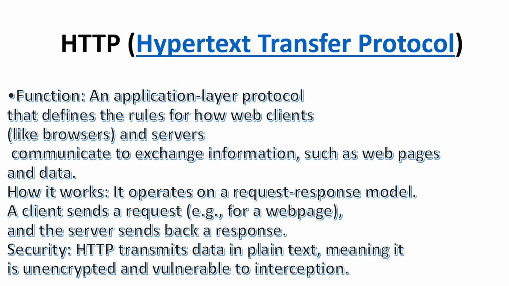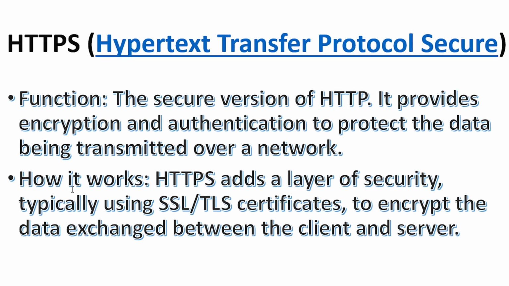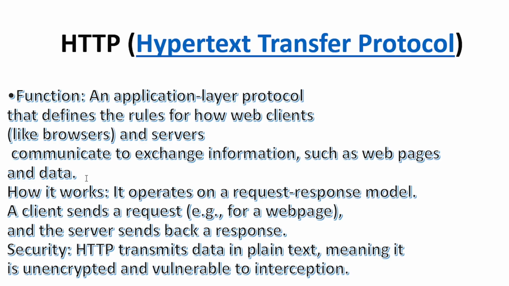In that process, HTTP transmits data in plain text, meaning it is unencrypted and vulnerable to interception. That means HTTP is not secure. It transmits messages in plain text, so it's unencrypted and vulnerable to interception.